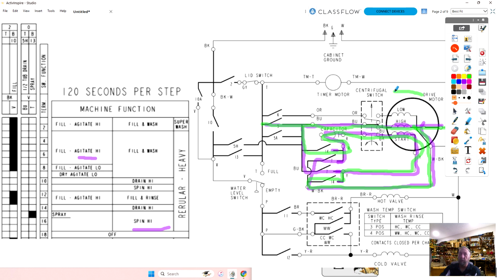Now, in a reversible motor, we have different motors now, because the VMW and the LG big ceiling fan kind of motor are all different. I'll get to those at a different time.